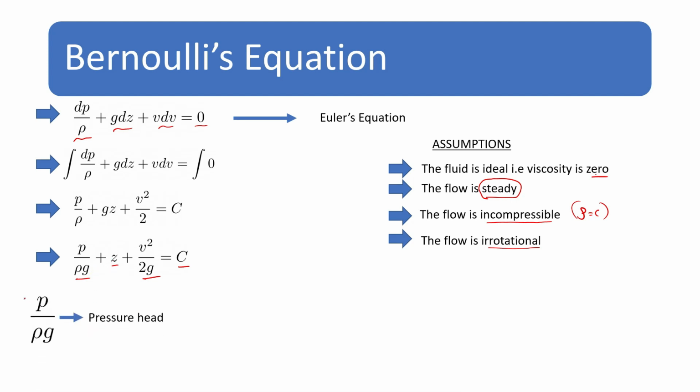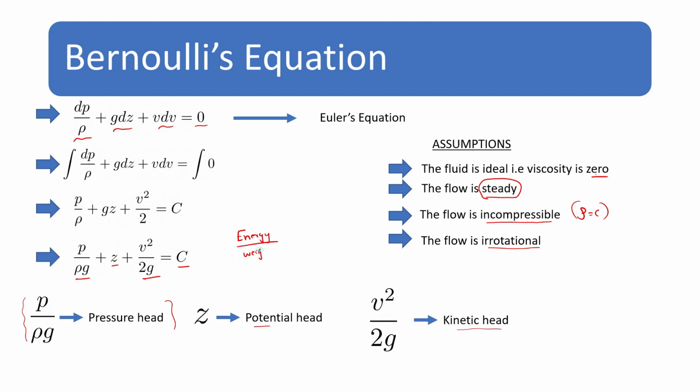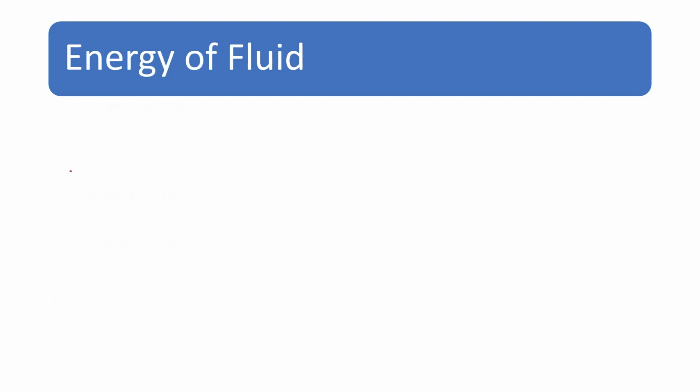These terms: p/ρg is called the pressure head, z is called the potential head, and V²/2g is called the kinetic head. Head actually means energy per unit weight of the fluid. So let us see what the various energies are.